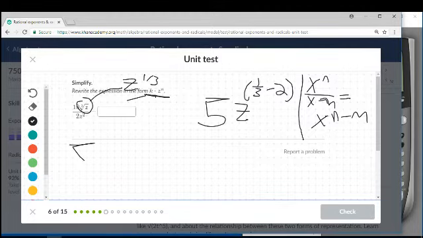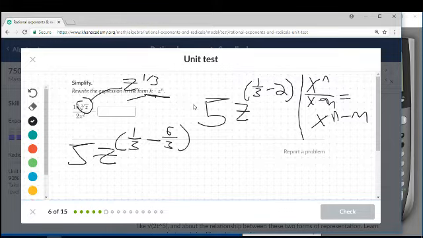Well, 2 in thirds is going to be 6/3, which is going to be equal to 5z to the 1/3 minus 6/3. 1/3 minus 6/3 is negative 5/3.